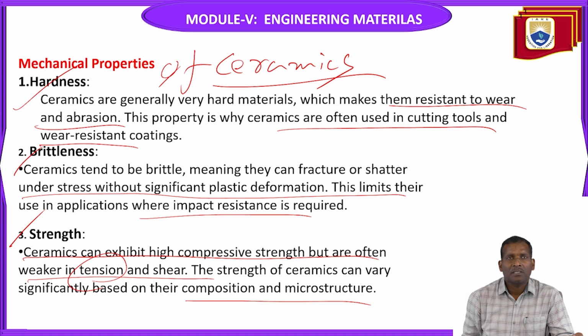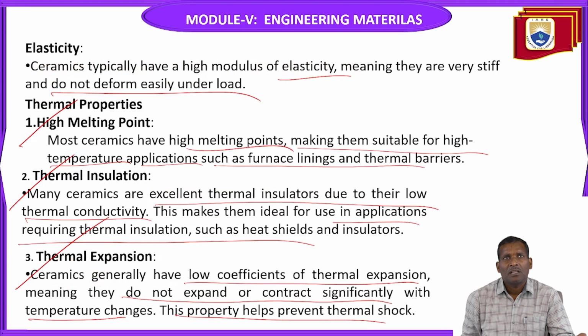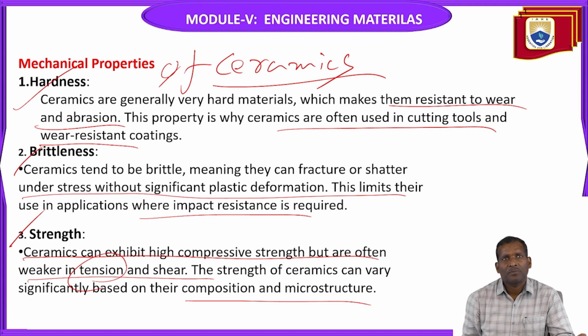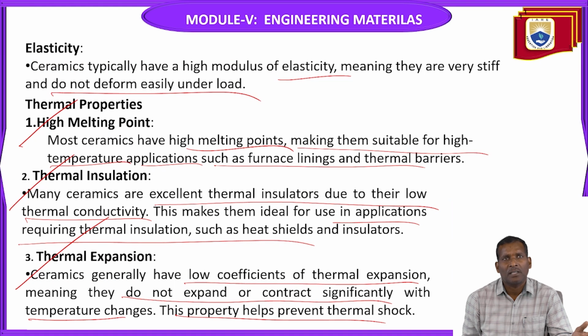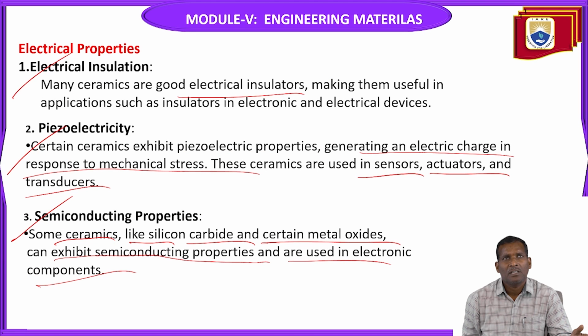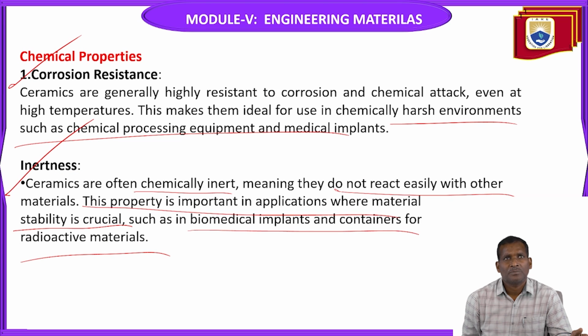And similarly, the ceramics properties: thermal properties and mechanical properties. In mechanical properties: hardness, brittleness, strength, and elasticity. And thermal properties, already we have discussed: the melting point, insulation, and expansion. And electrical properties: insulation, piezoelectricity, semiconducting properties.